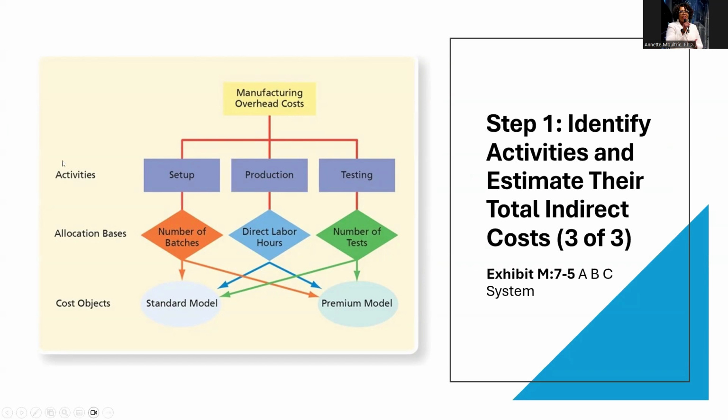Then you see setup leads to the allocation base number of batches. Production leads to the allocation base direct labor hours. And testing leads to the allocation base number of tests. Each allocation base leads to the cost objects in standard and premium models of the tablets for Smart Touch Learning.